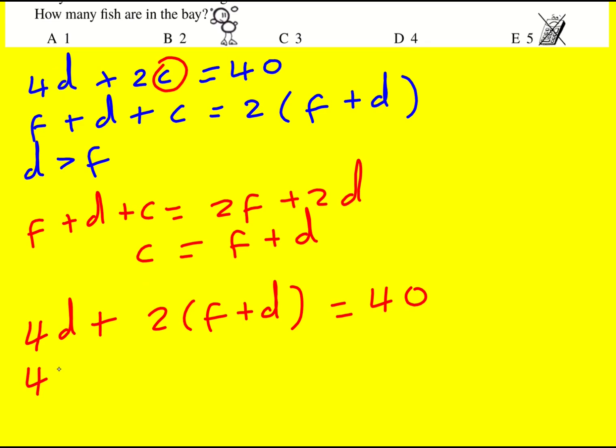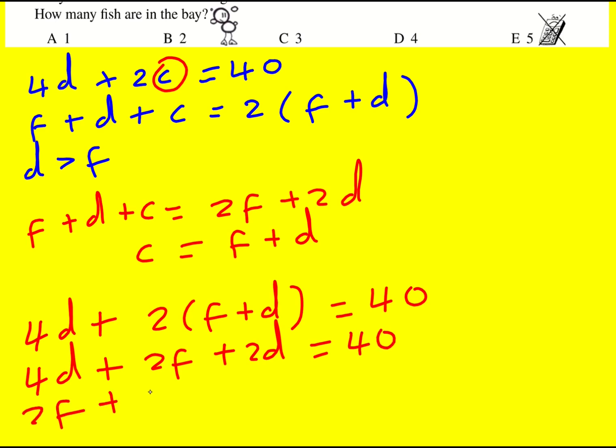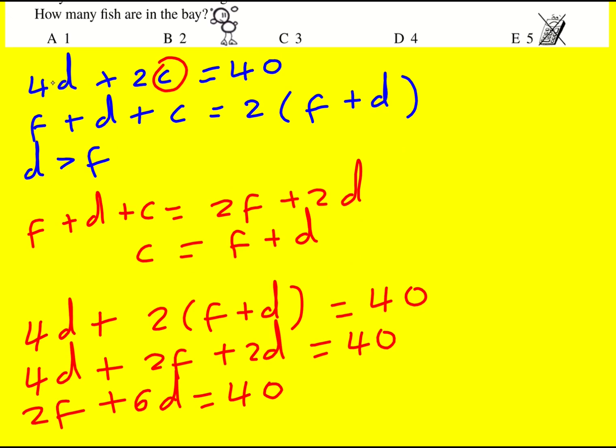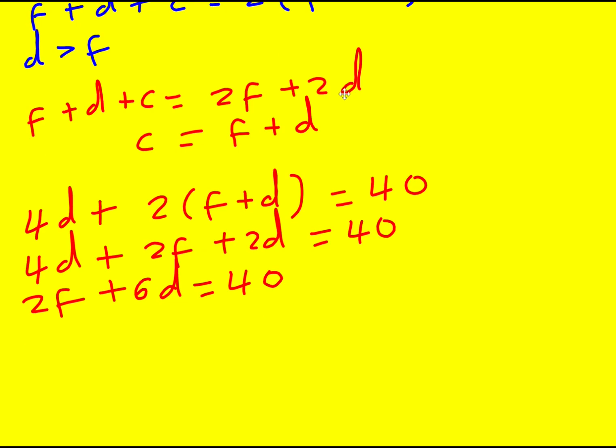And I'm going to expand this. 4D plus 2F plus 2D equals 40. Therefore, 2F plus 6D is equal to 40. And now I'm going to divide by 2, because there's a common factor of 2. In fact, I could have done it earlier on, could have divided by 2 here. But at least at this point, F plus 3D is going to equal 20.